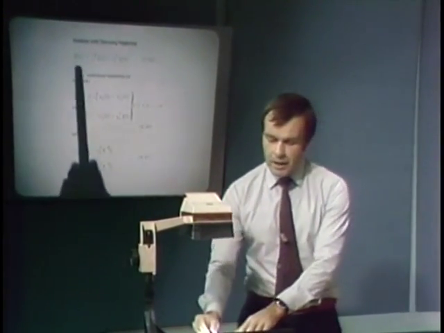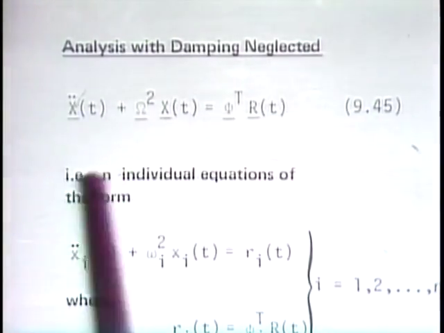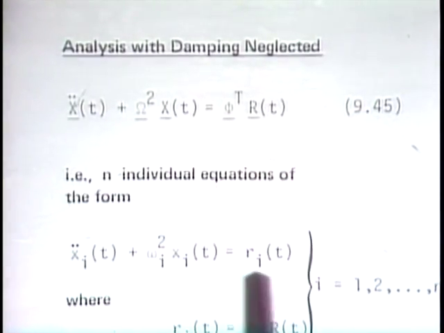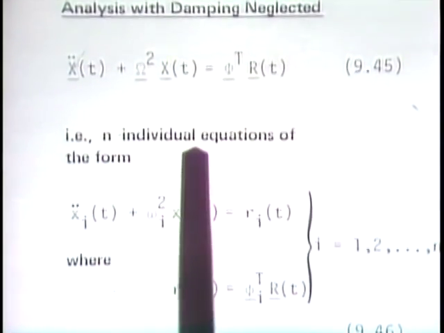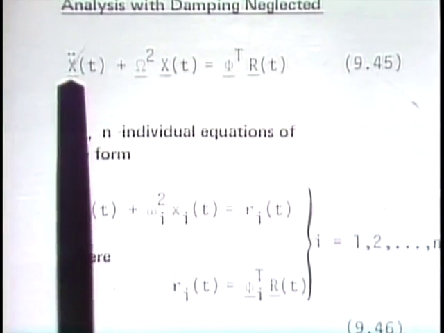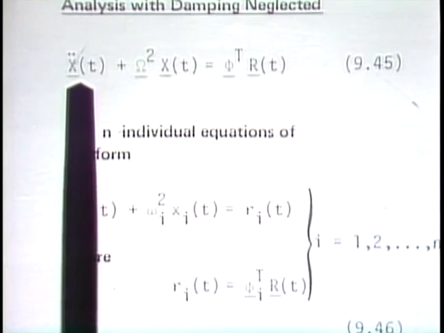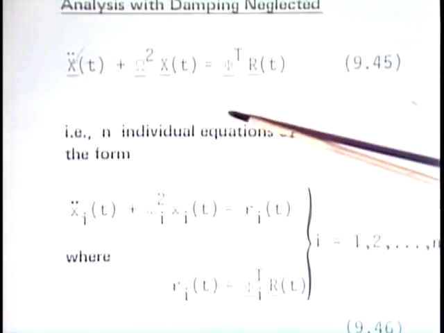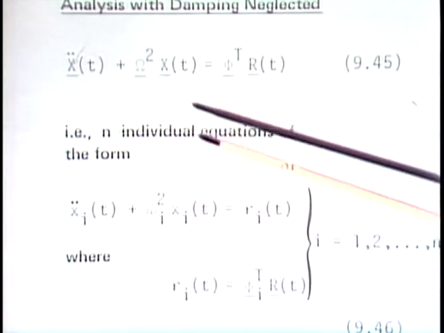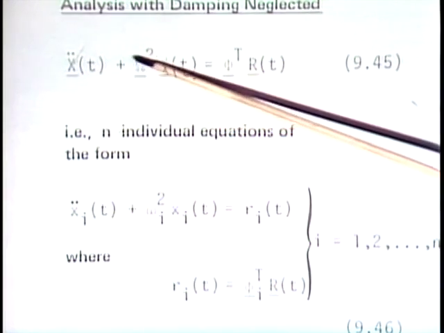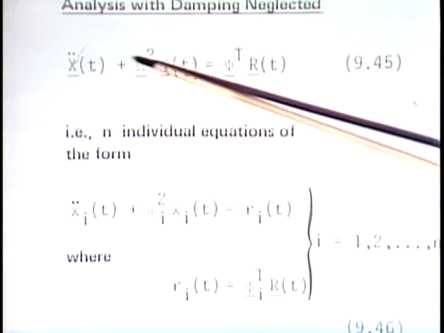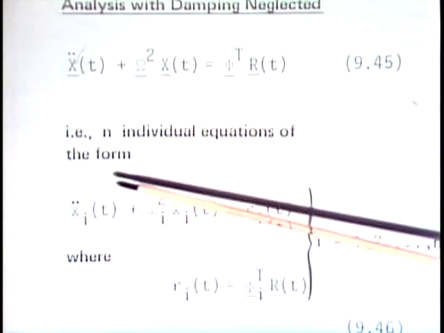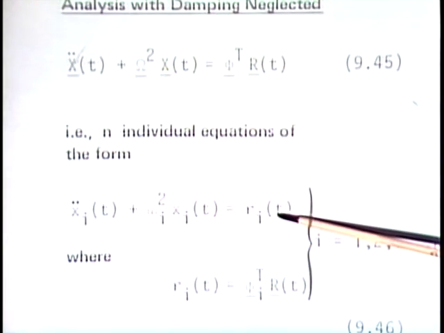When we neglect damping, we have this set of equations, n individual equations of this form. Notice that these are n individual equations because this is a vector, this is a diagonal matrix, and on the right-hand side we simply have a vector of loads, of course time dependent. So we can look at the first row in this matrix relation, and the first row will be this equation here with i equal to 1.